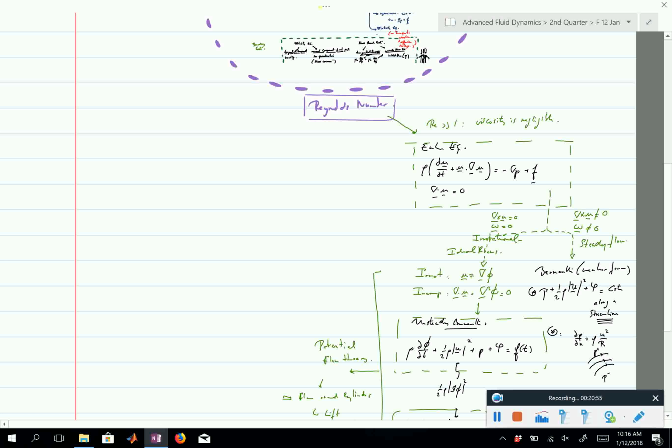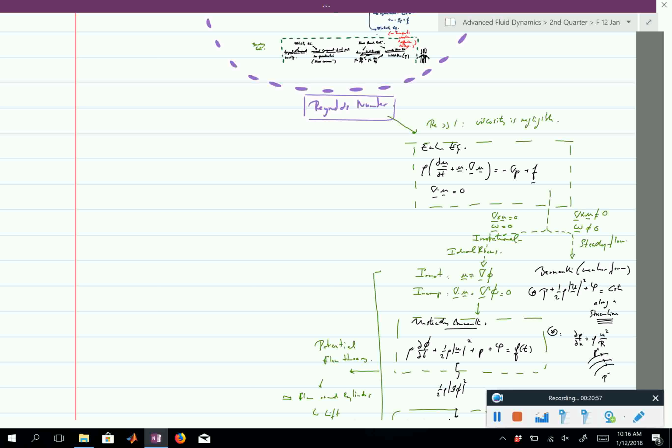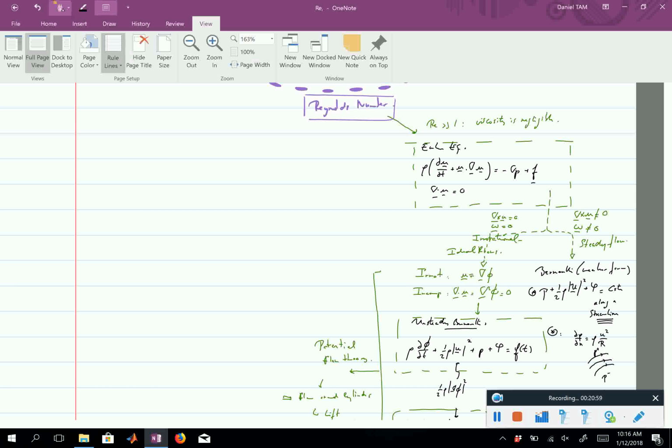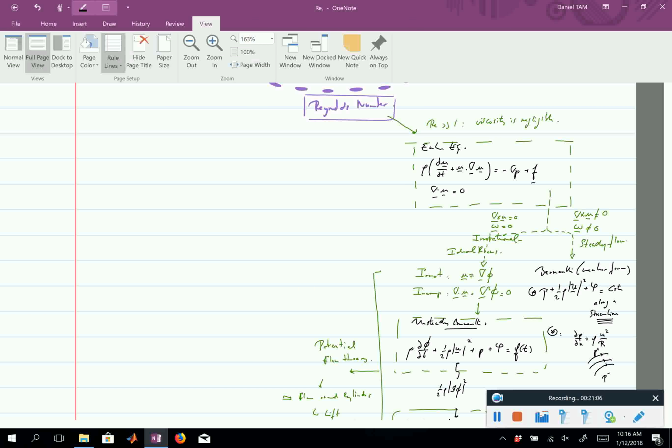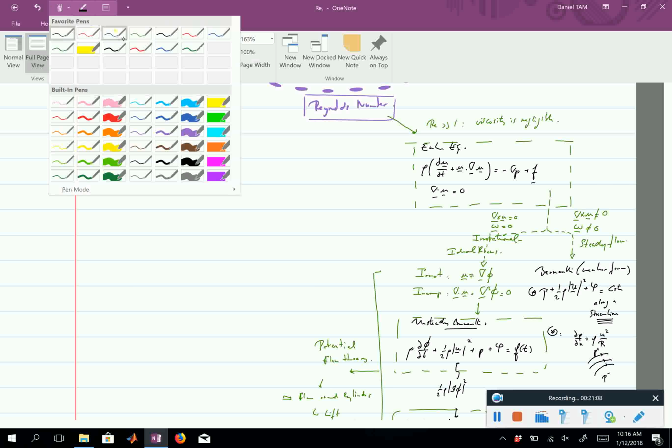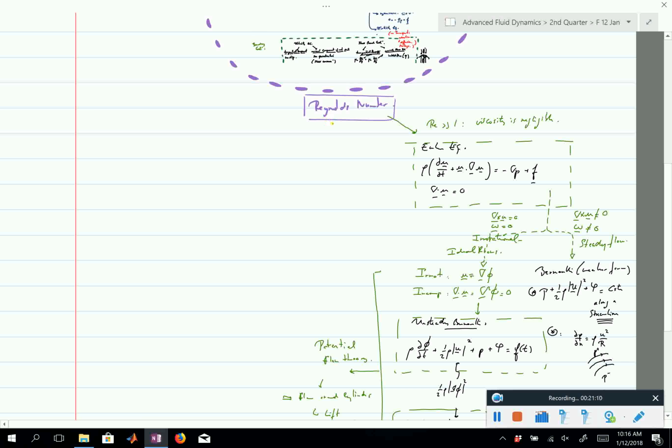we move to cases where you have to include the effect of viscosity. So I'm not going to do that in chronological order. But the simplest flow, where you can neglect the effect of viscosity, actually doesn't necessarily have to do with the Reynolds number. It has to do with the geometry.